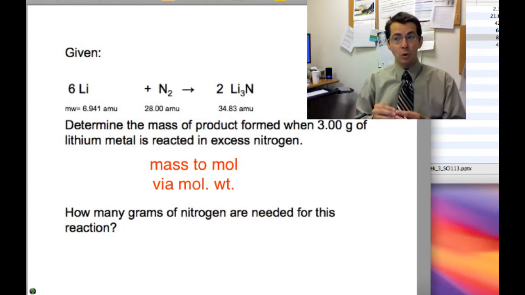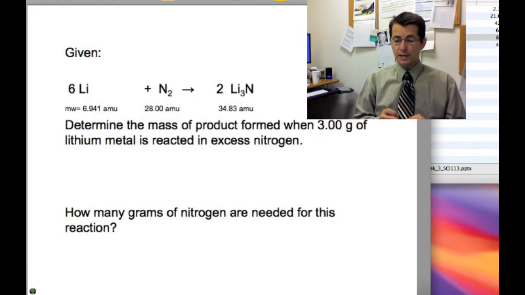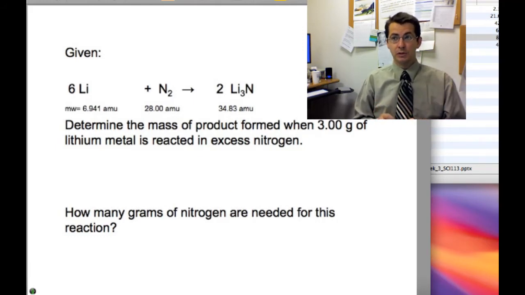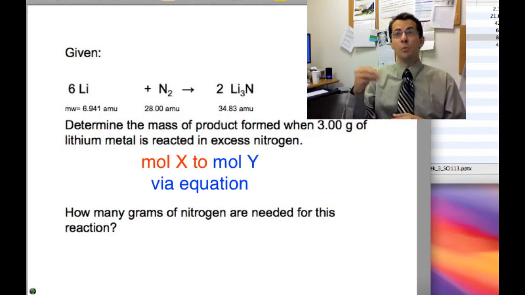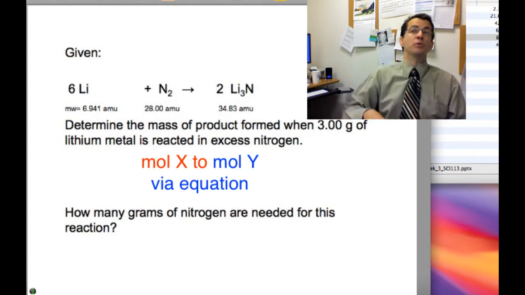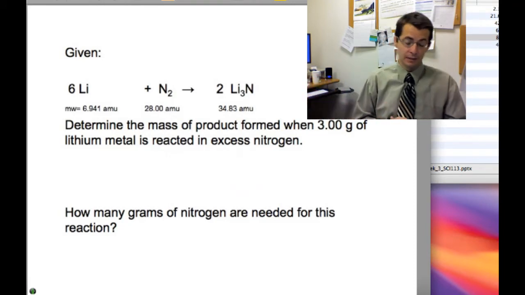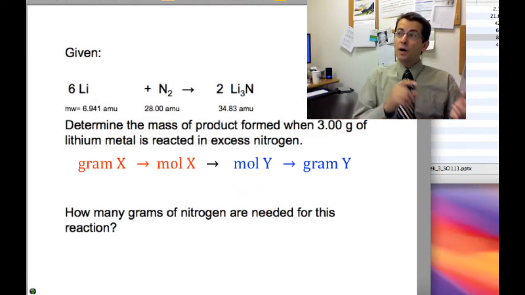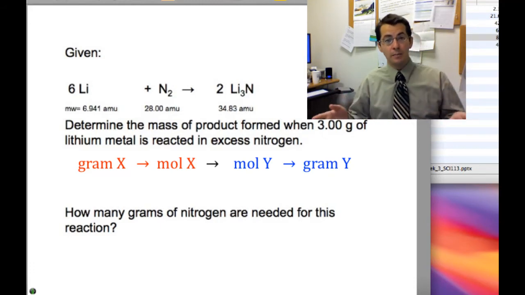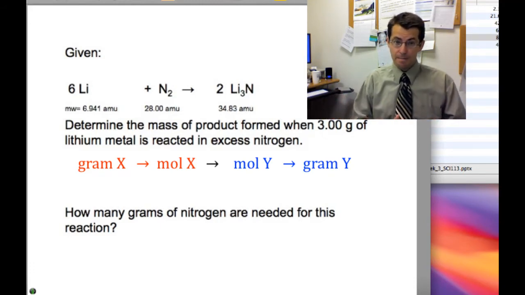And again, mole is a surrogate for molecules. So we can relate this balanced chemical equation to moles: 6 moles of lithium reacts with 1 mole of nitrogen gas to produce 2 moles of lithium nitride. These together allow us to convert from one mass quantity into any other mass quantity and make predictions.